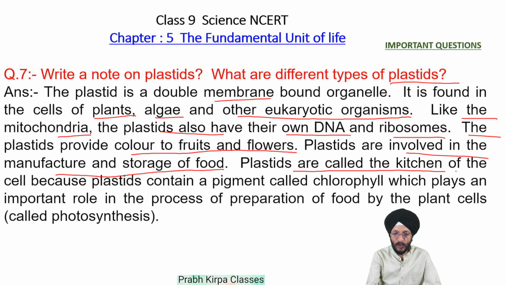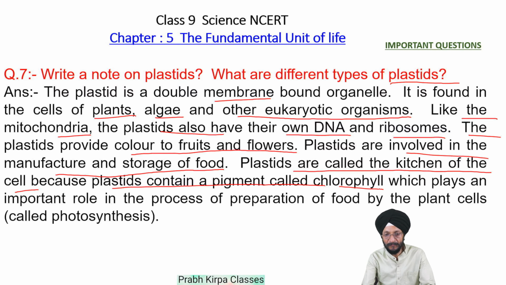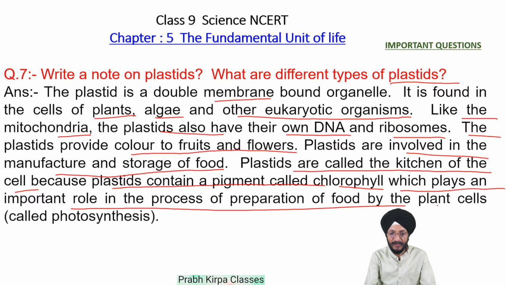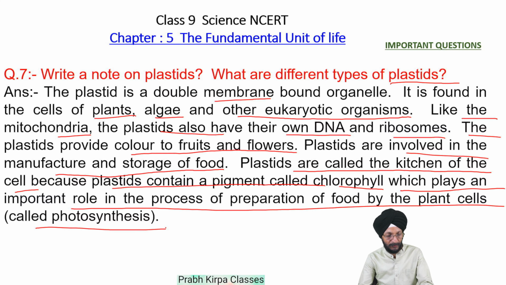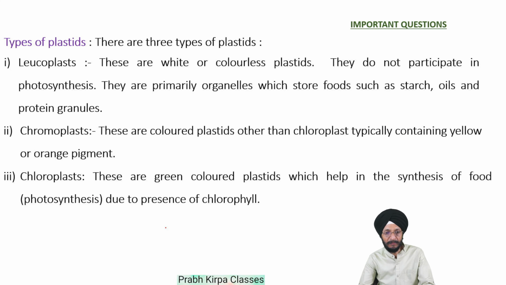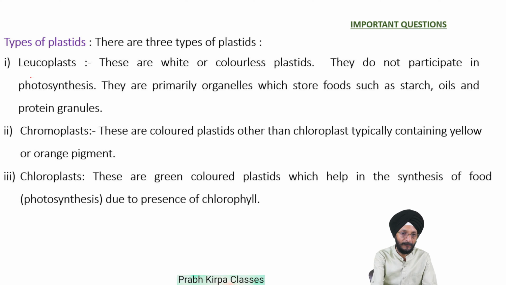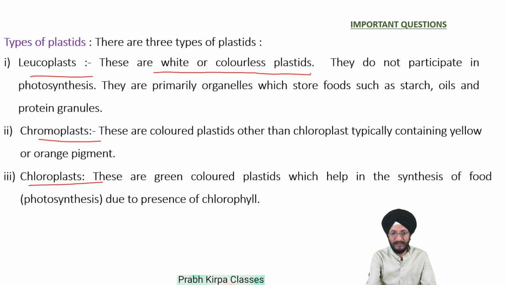Plastids are known as the kitchen of the cell because they contain a pigment called chlorophyll. Chlorophyll plays an important role in the preparation of food, that is photosynthesis. Plastids are of three types: leucoplasts, chloroplasts, and chromoplasts. Leucoplasts are white or colorless. They do not participate in photosynthesis.